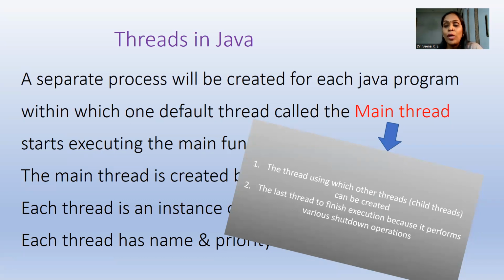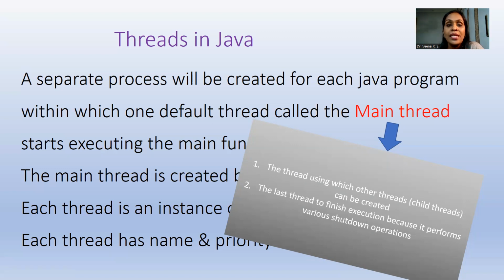And the second point which we should know about the main thread is that it is the last thread to finish the execution because it performs various shutdown operations. The main thread, acting as a parent thread or one default thread which starts the execution of the main function, can be used to create a number of child threads which can run in parallel.